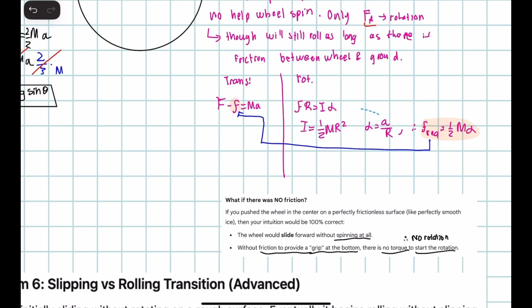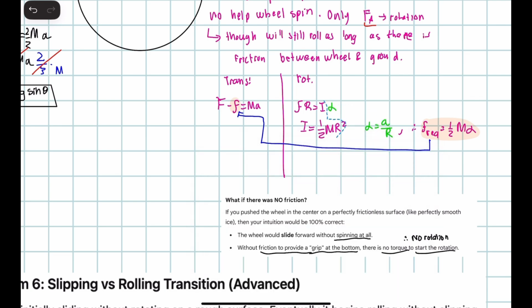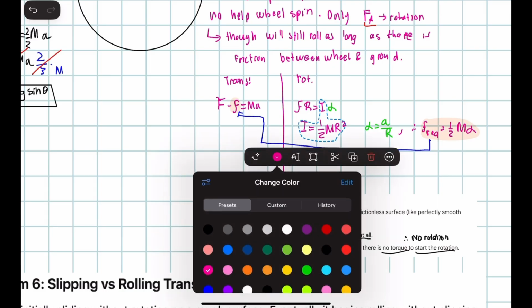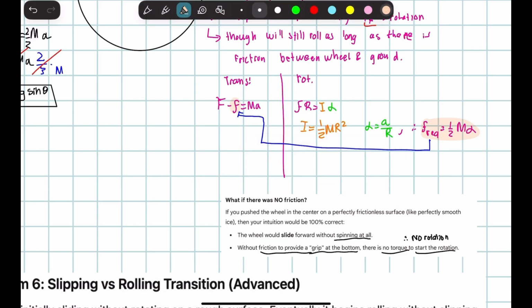we have that F minus 1/2 ma is equal to ma.